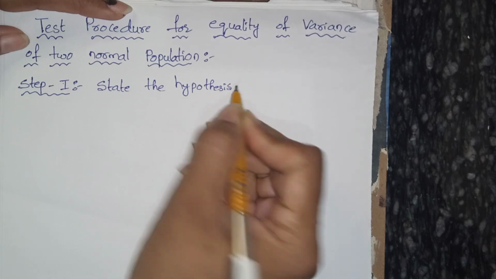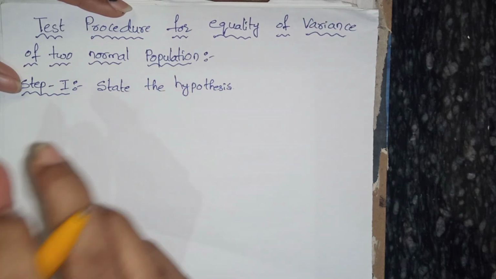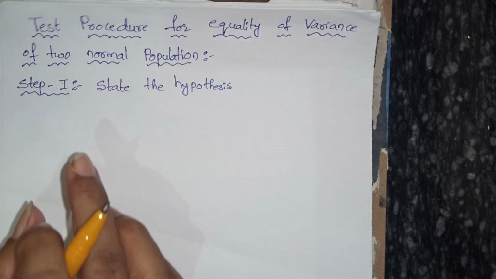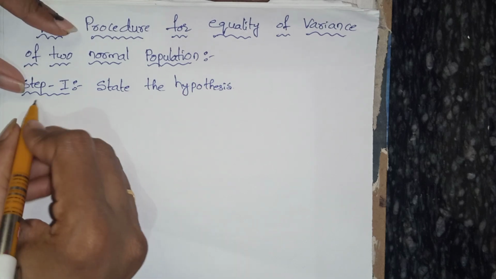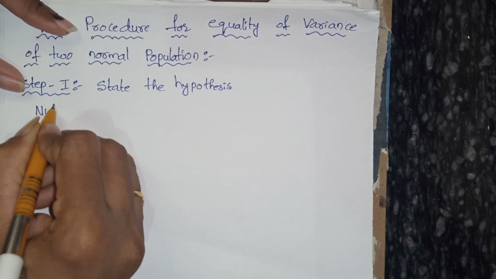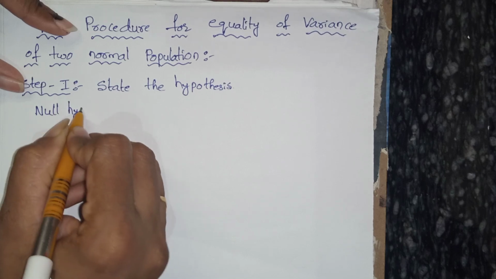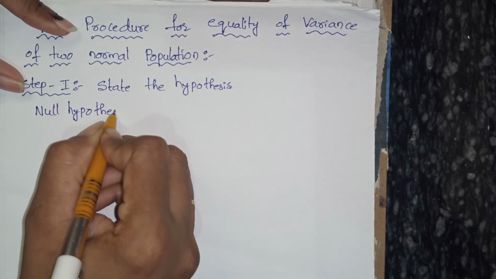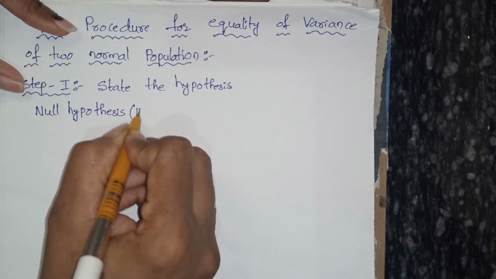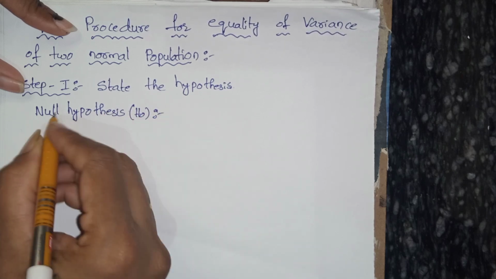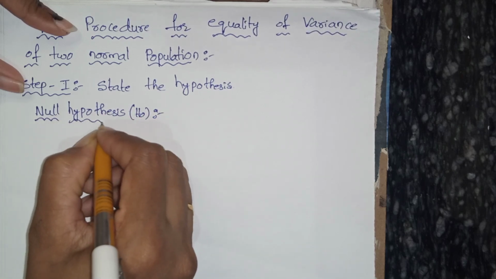In this we get the null hypothesis and the alternative hypothesis. First I am going to write the null hypothesis, which is denoted with H naught.